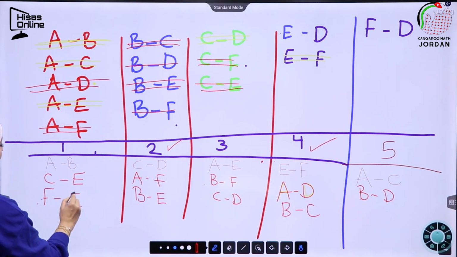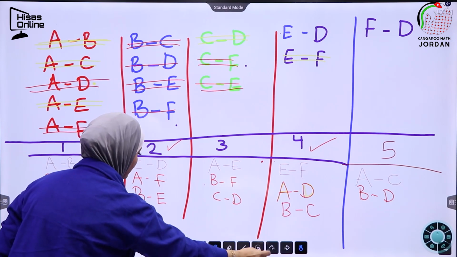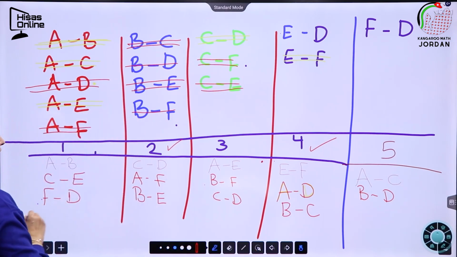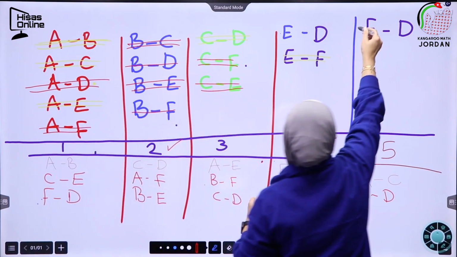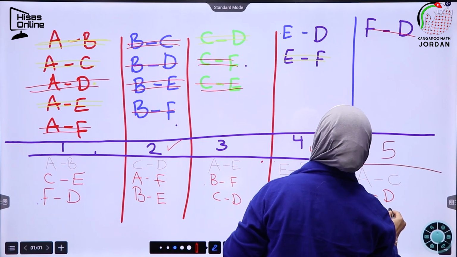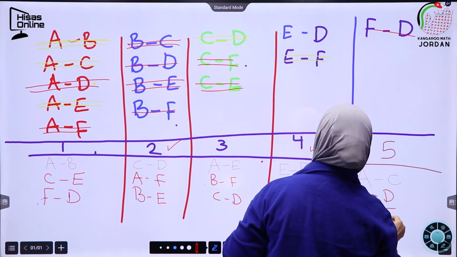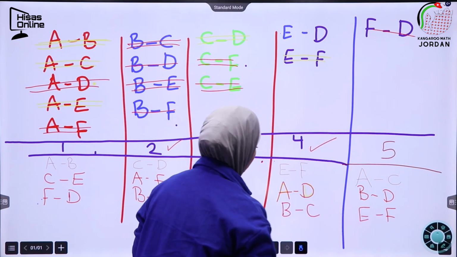FD is here. Oh my God. Sorry guys. So FD is here, and finally ED will be there. Here we have EF, guys. Okay.